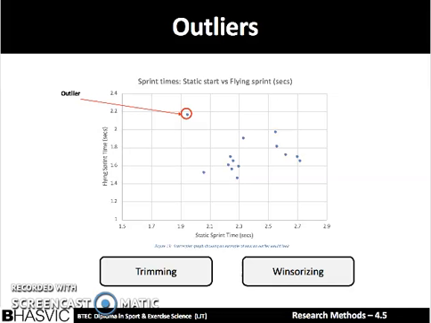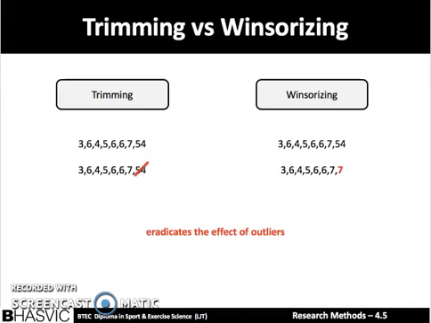Whereas if you had 1 to 5 and then suddenly just a random 100, your median is going to be very different as a result of that 100. Similarly, your range would be much larger as a result, which is why some people would like to discount outliers and use trimming and Winsorizing. So both eradicate the effect of outliers.